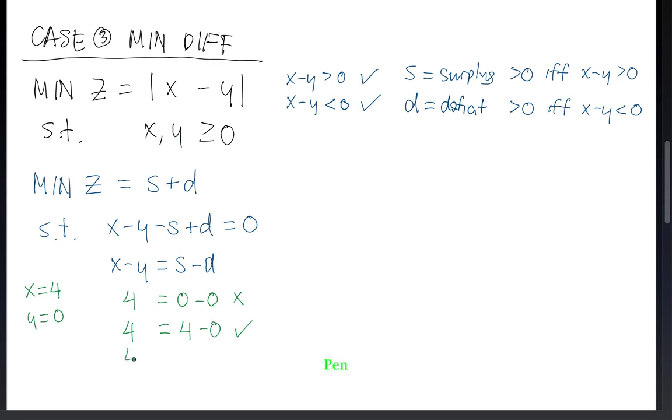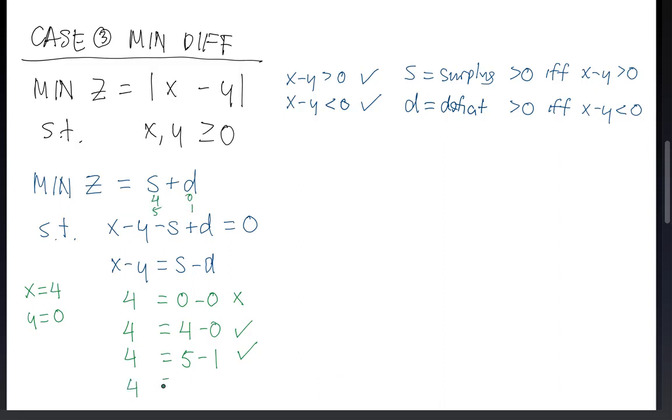But notice, what other combinations are possible? Can this be 5 minus 1? Yes, right? And a while ago we had 4, 0. Now we have 5 and 1, right?